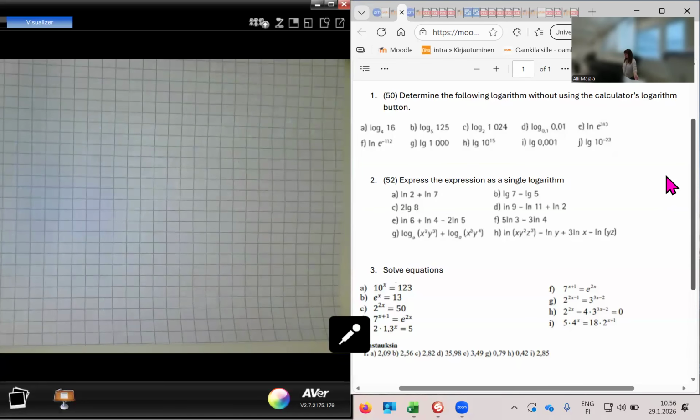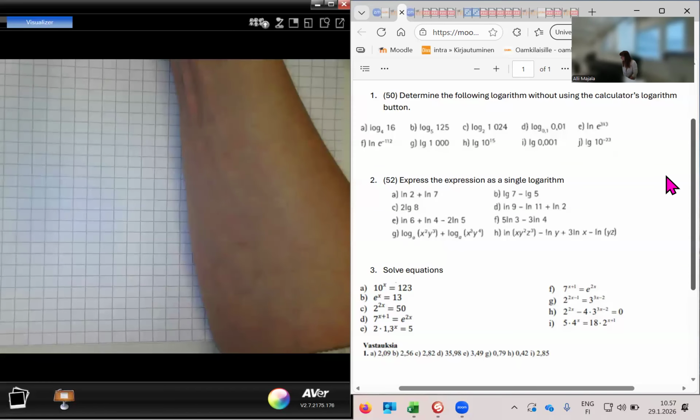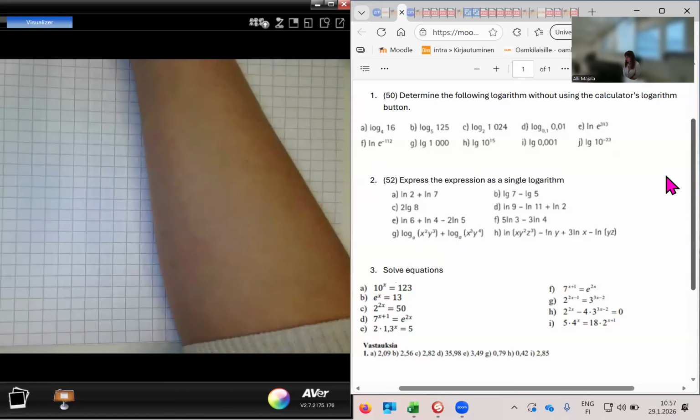So next thing was the rules. Single logarithm.